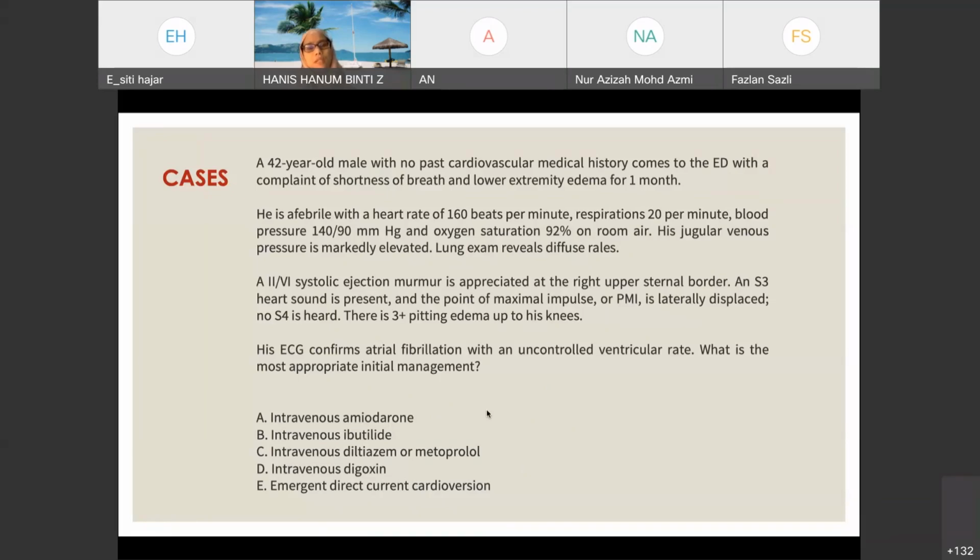There's no ejection fraction. The doctor wants to control the ventricular rate because 160 is very high. So what options do we have? Remember what we looked at earlier. What options do you think we have?